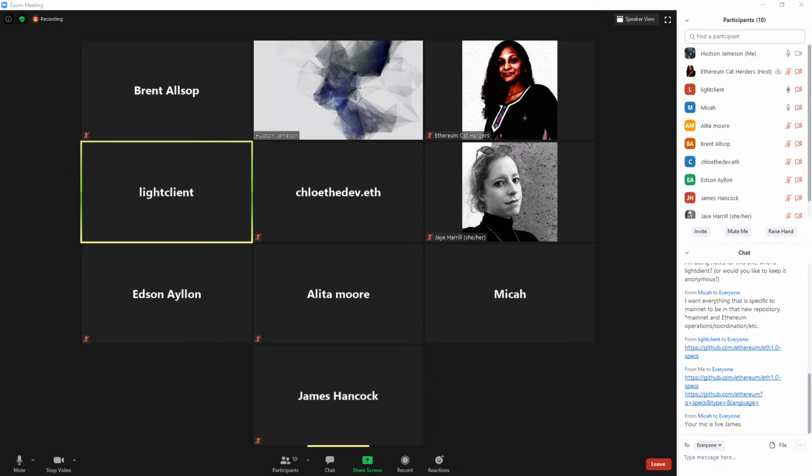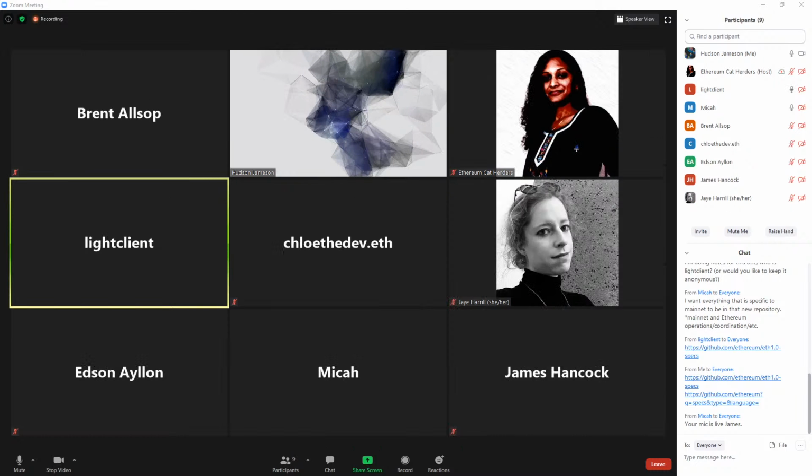The weird thing is that the ETH2 specs repository doesn't have the concept of EIPs yet, and so I don't know what the proper way of integrating the idea of incremental changes that need to be backwards compatible into a specs repo. I think this is mostly bike shedding at this point, but I'm just trying to say that if we're going to have a specs repo, it should probably be all inclusive, including the yellow paper.